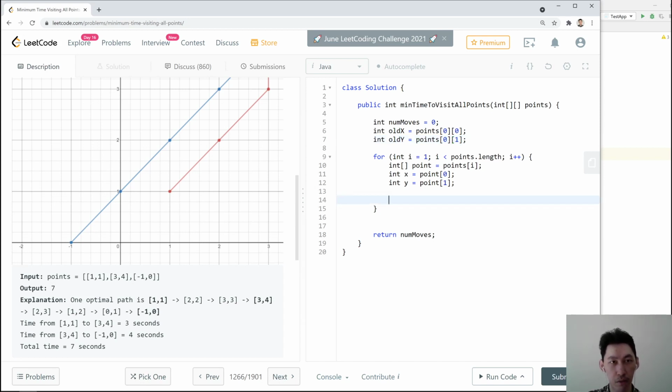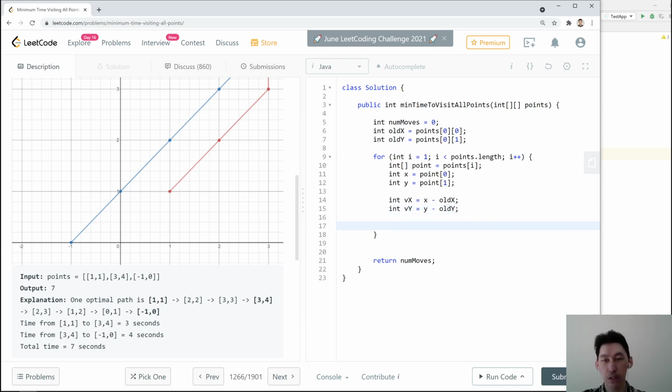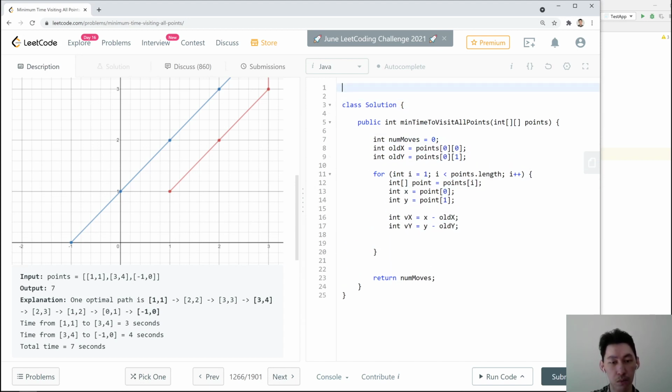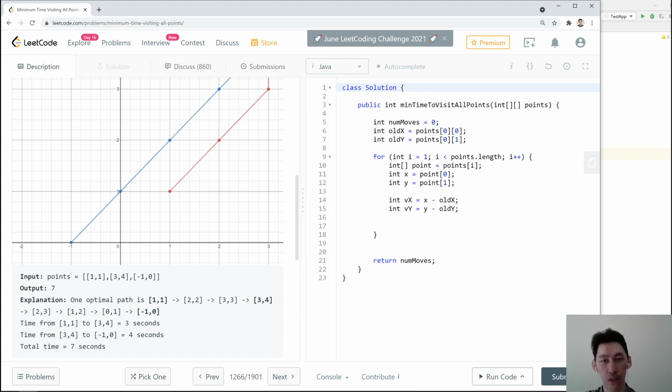So we get the vector: Vx is x minus old x, and Vy is y minus old y. And then we obtain the absolute value. I'm going to use math. I need to import that. Isn't it just available because it's system import?